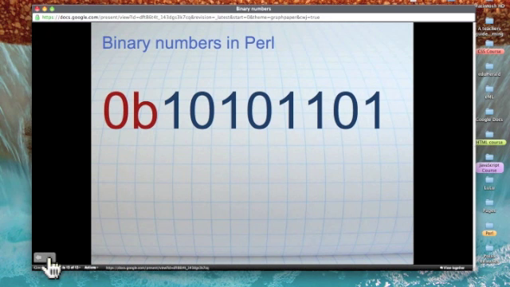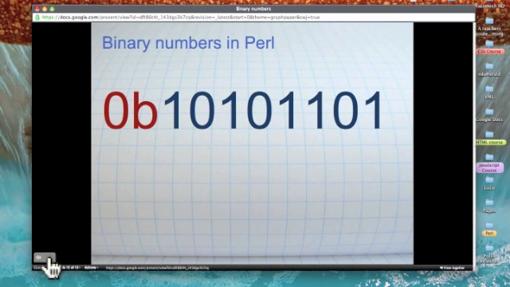Now, if I want to take this number, a binary representation of 163, and I want to use that as a numeric literal in a Perl program, I would precede the binary digits with 0b, lowercase b.